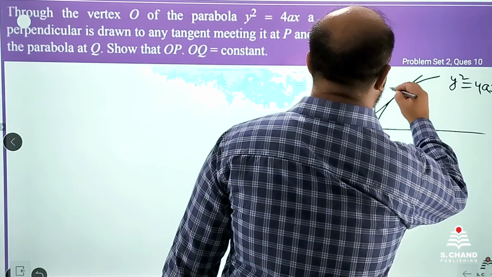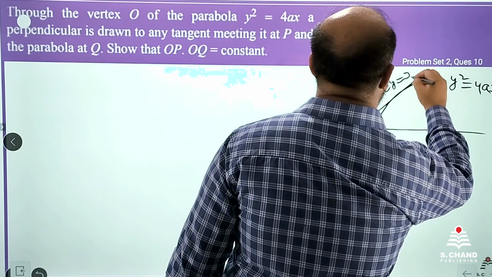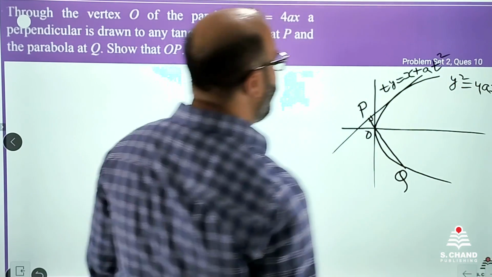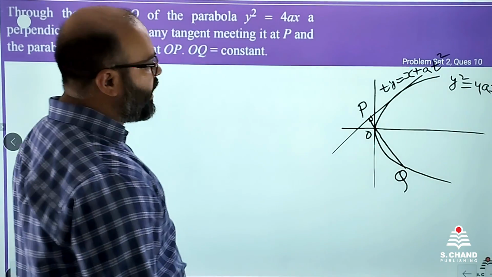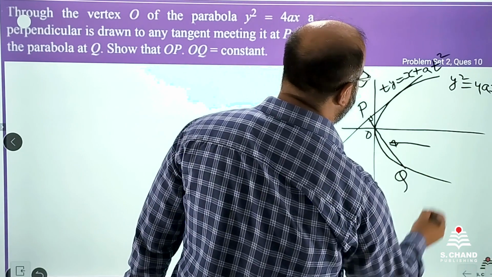So we can take the equation of the tangent as ty = x + at². Now this is the equation of the tangent. Now what will be the slope of this perpendicular line?